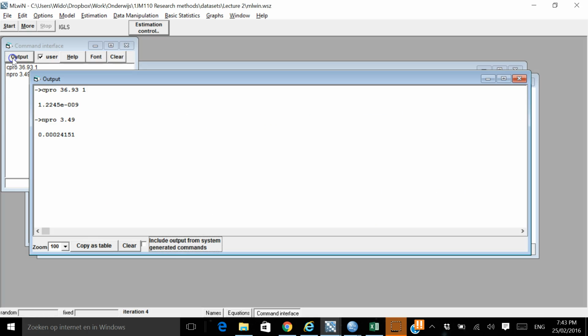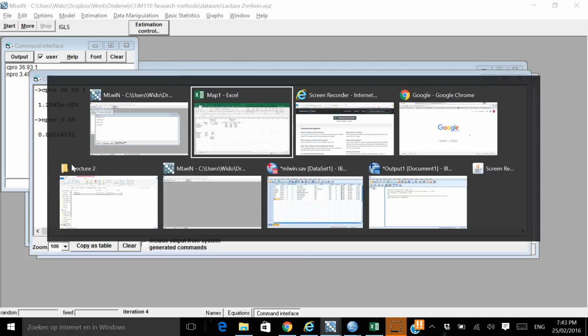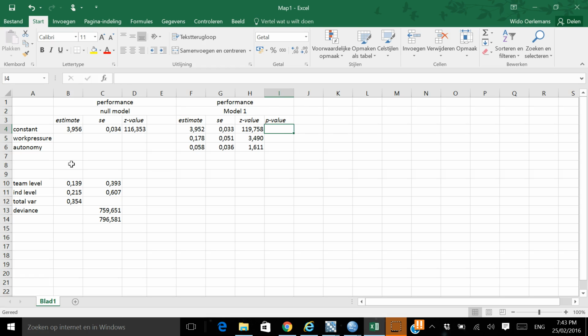Enter. Then you go to output. You see here, significant predictor. The p-value is below 0.05, so I would say lower than 0.001, for instance.